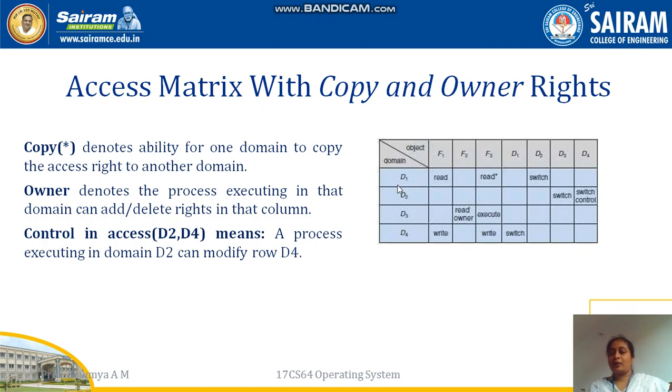It can copy F3 to the D2 domain as well, since it has the switch option. Next one is owner, which denotes that the process executing in that domain can add and delete rights in the column. So here domain D3 has owner rights on the file F2.